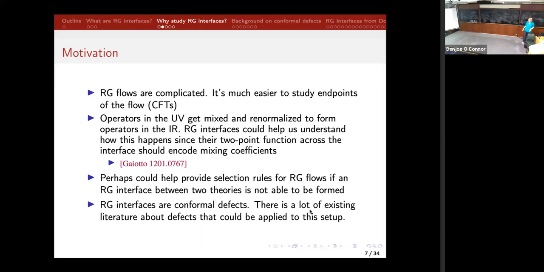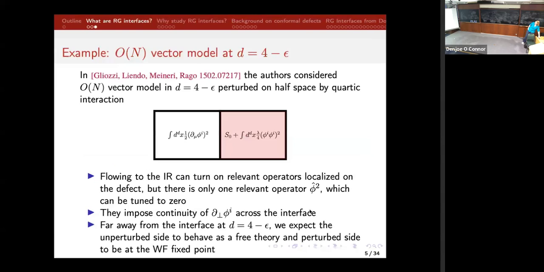RG interfaces could help us understand how this happens, using two-point functions across the interface, which should encode mixing coefficients, which is something Gaiotto talked about in this paper in 2012. I haven't written it here, but they also talked about this in the 2015 paper that I just mentioned.